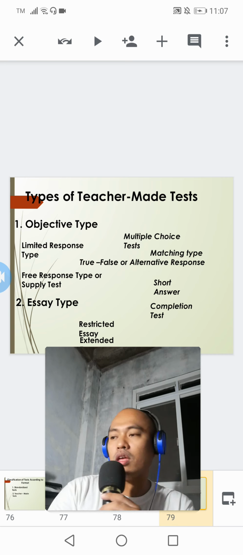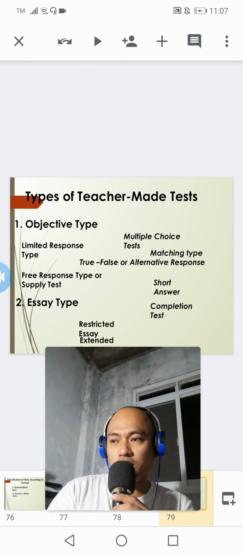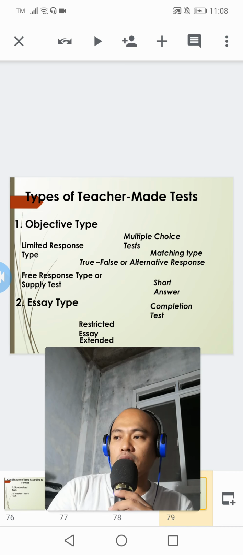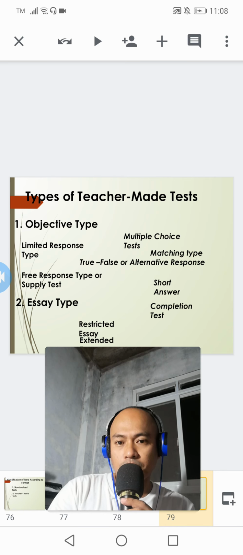When we say objective type of test, answers are in the form of a single word or phrase or maybe symbols. And for the essay type, essay questions provide the freedom of response that is needed to adequately assess students' ability to formulate, organize, integrate, and evaluate information or knowledge and skills.